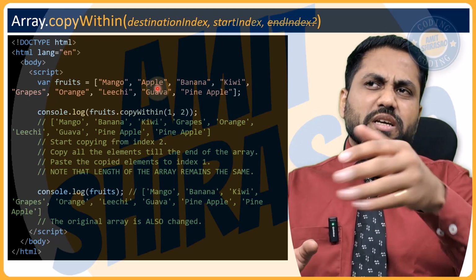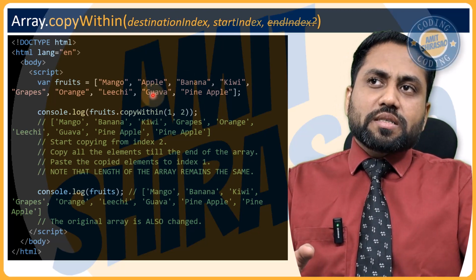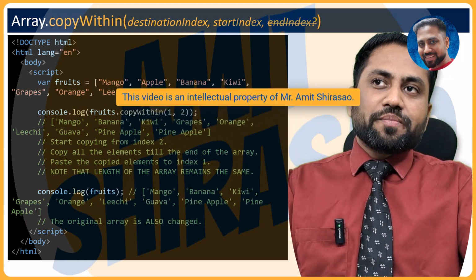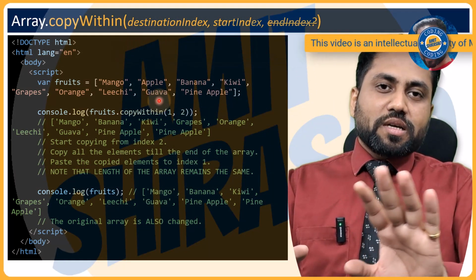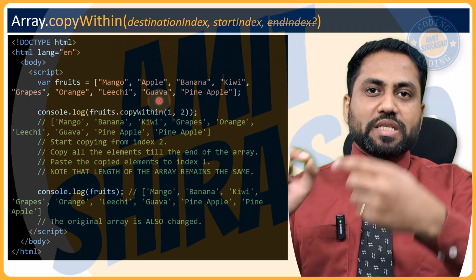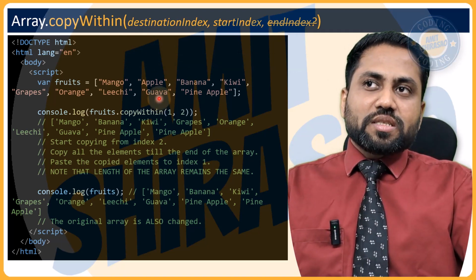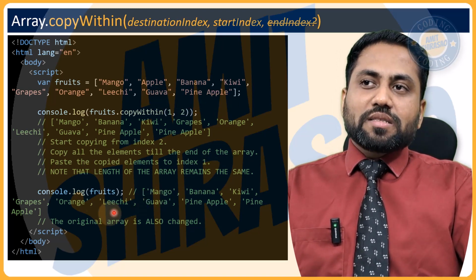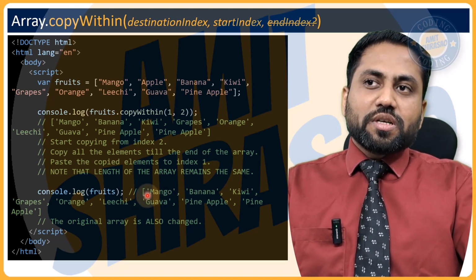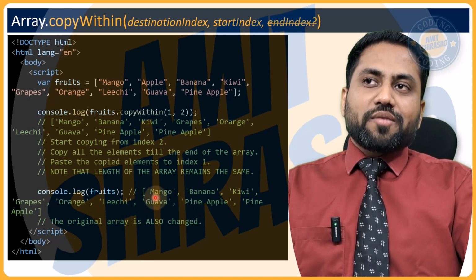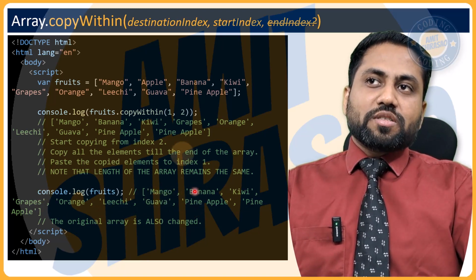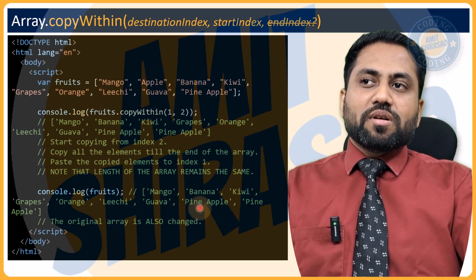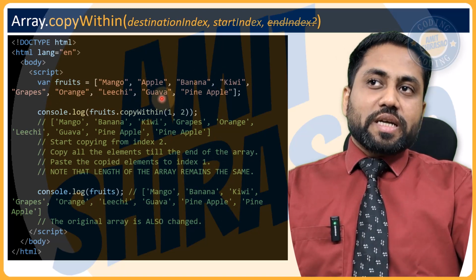So it will keep on overriding everything, but its copied thing basically ends at guava index only. Okay, so till here it has pasted and replaced all the existing elements, but then pineapple stayed intact, and that's why the final output is basically an array having mango, and instead of apple it will have banana, kiwi, grapes, orange and all, but it ended over here.